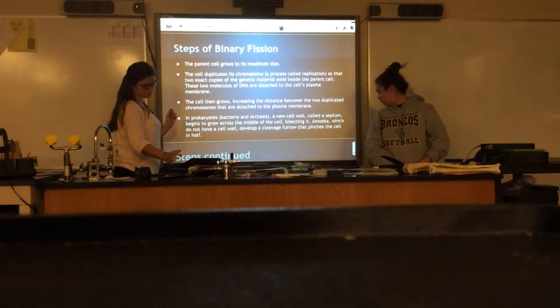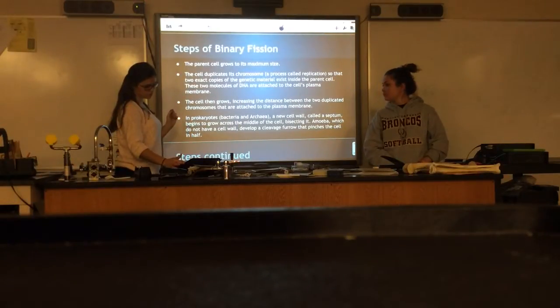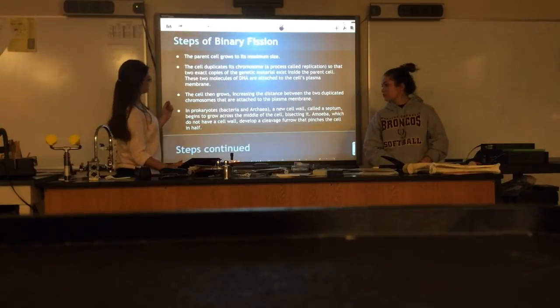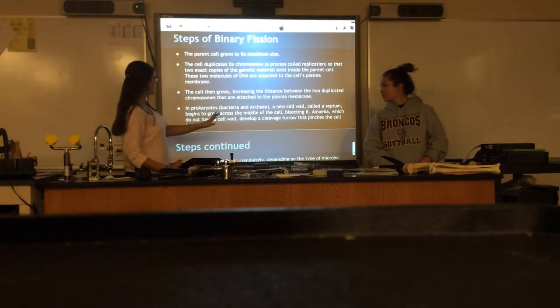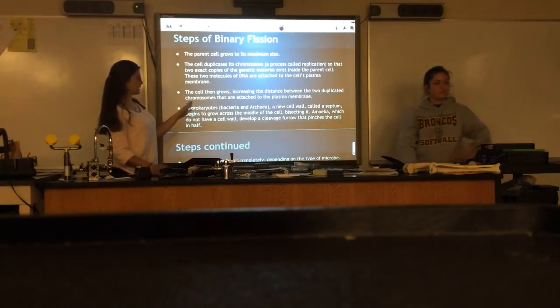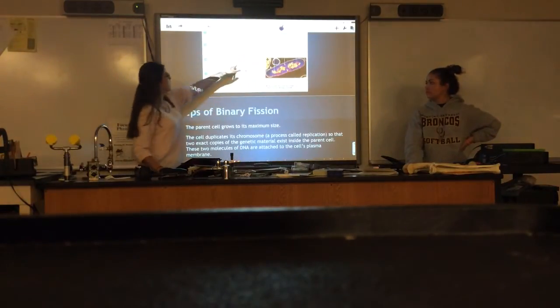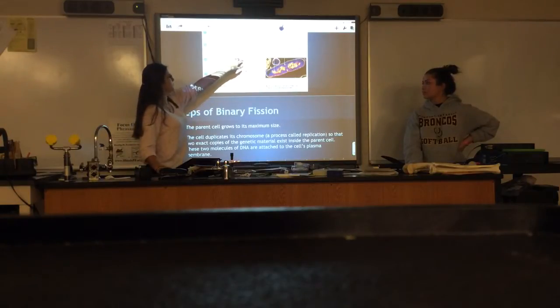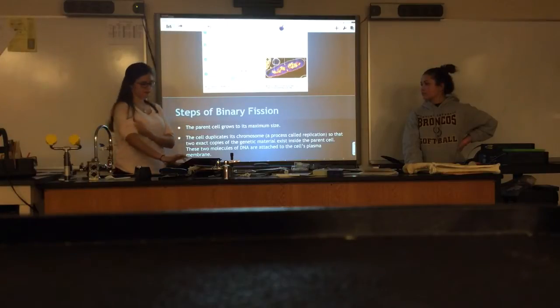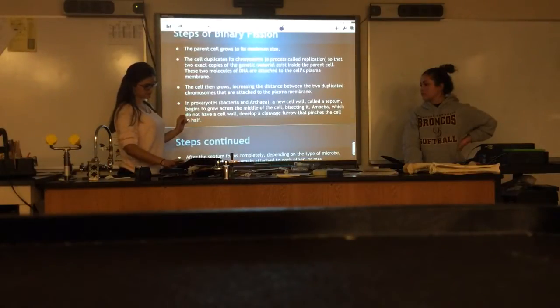And the new cell wall that they form is called the septum, right here. It begins to grow across the center of the cell to form two completely separate cells.